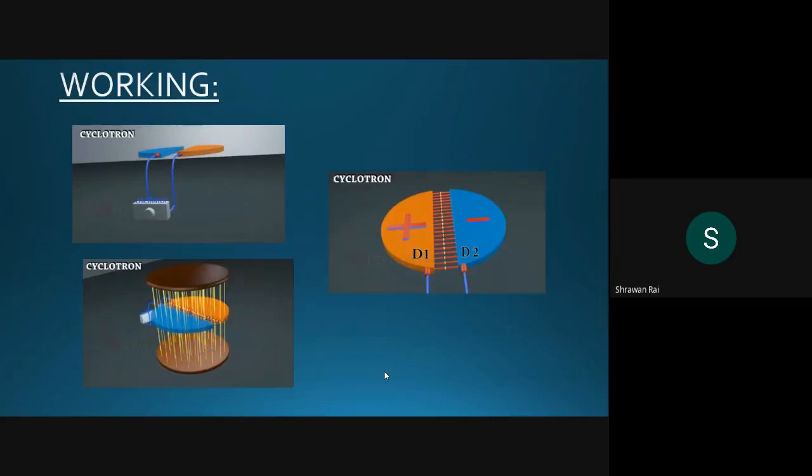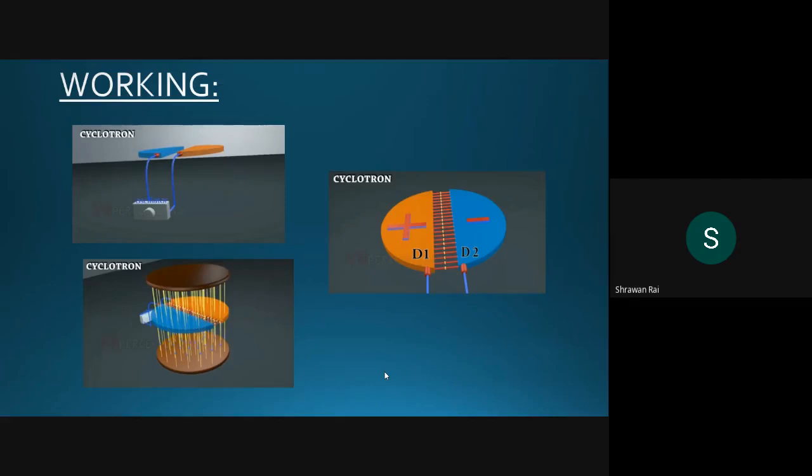Working. As you can see, in the cyclotron there are two hollow half cylinders made up of highly conducting metals known as D1 and D2, which are placed such that the two straight edges face each other with a small gap between them.